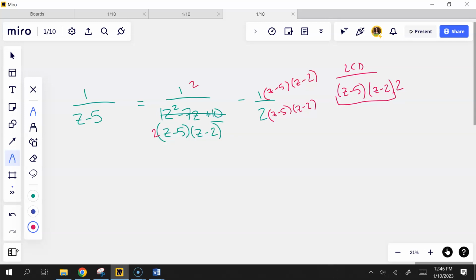This one doesn't just need a 2, it needs a 2 and a z minus 2. And be very, very careful whenever you go to solve this one because of this subtraction sign here. You can think of it as plus -1 and have that -1 multiply, or you can look at it as minus all of this.